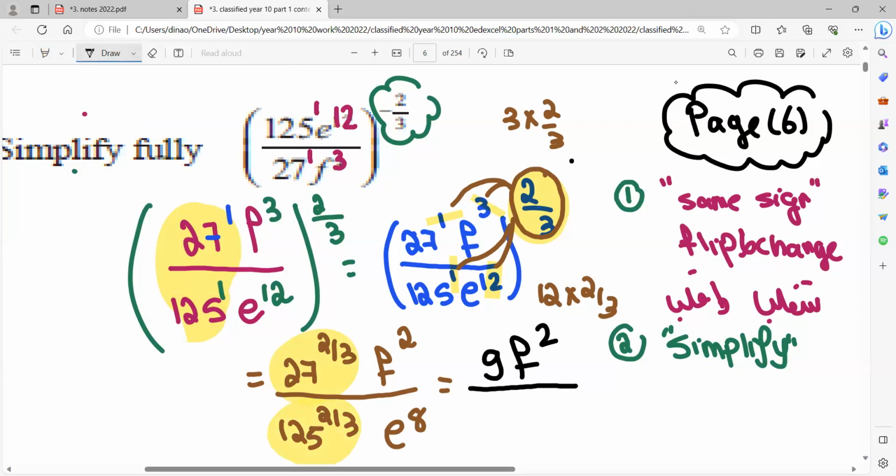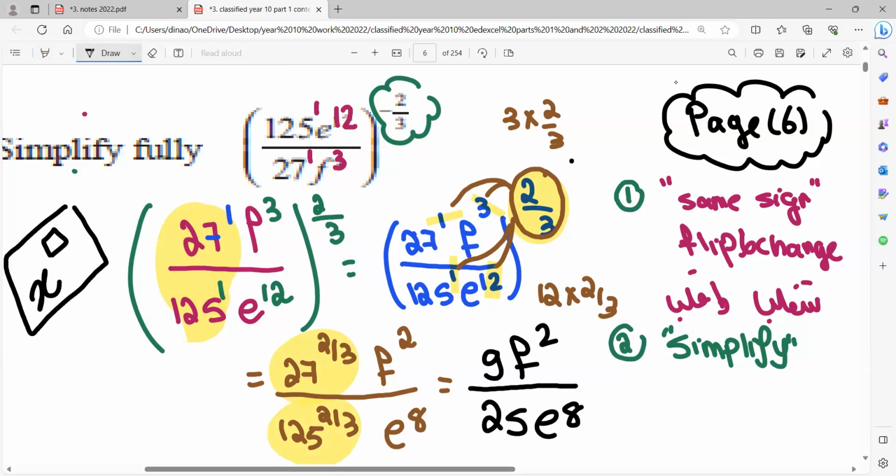And then 125 power 2 over 3, which is 25, and the E remains as it is. And please, ya jama'a, if you don't know, on the calculator there's this button over here, x to the power of a square. This button you can use to insert any power that you wish. So let's go again, كده.